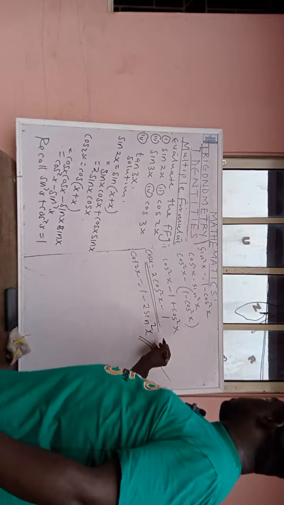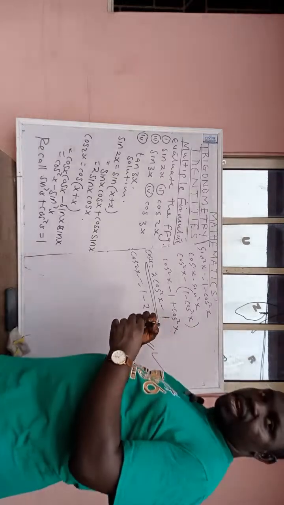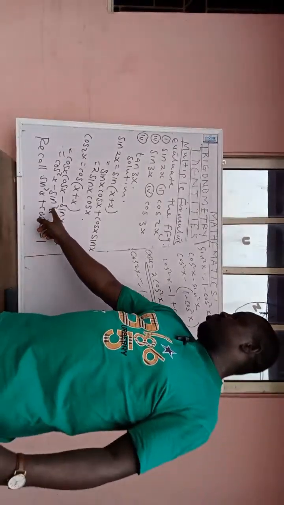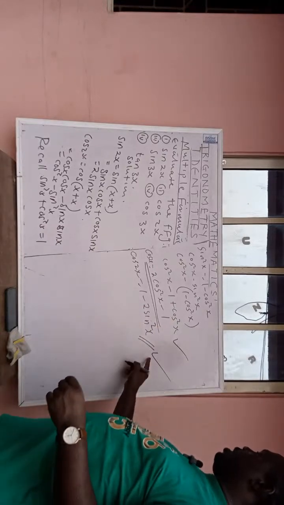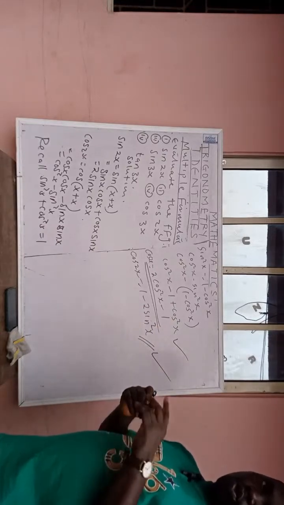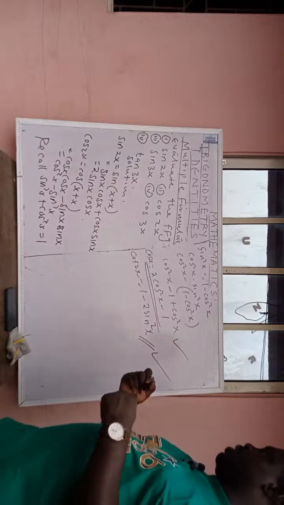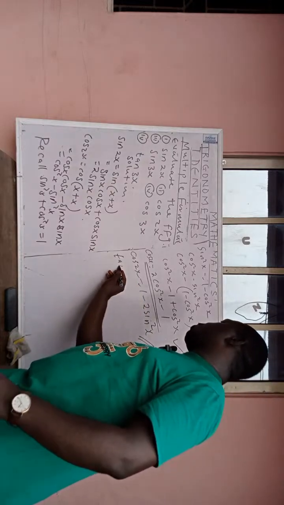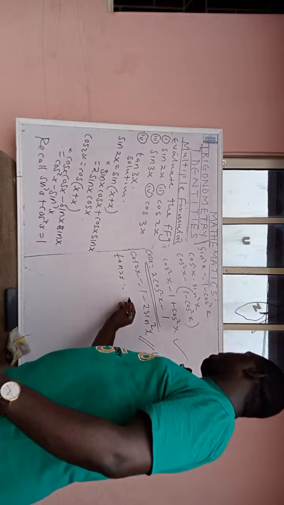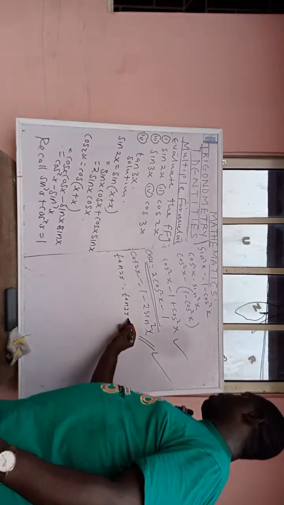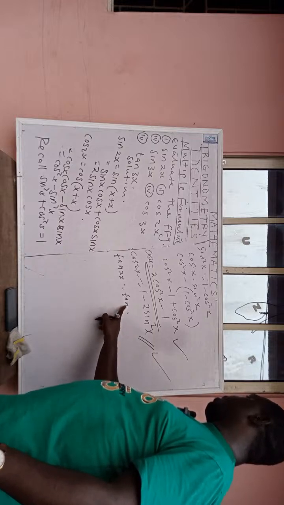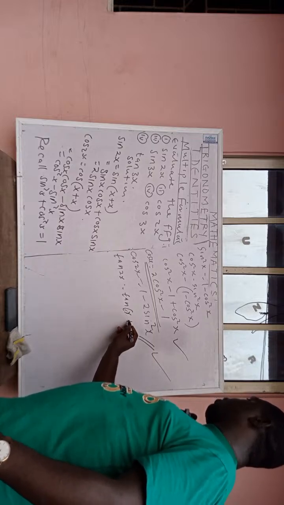So it means that cos 2x has 3 answers. Number 1, it can be this. Number 2, it can be this. Number 3, it can be this. That's cos 2x. Very important. That takes me to tan 2x. So tan 2x now, therefore, is tan of x plus x.